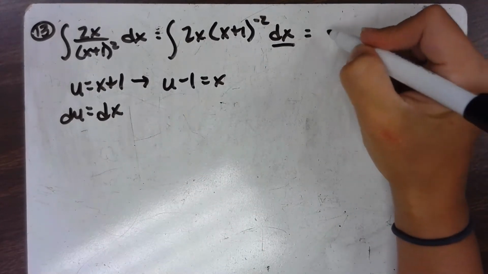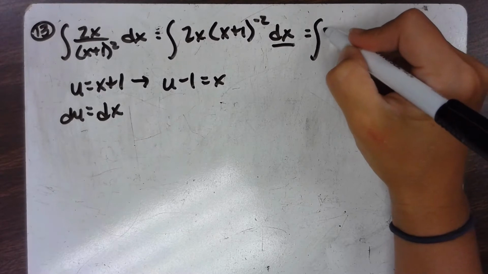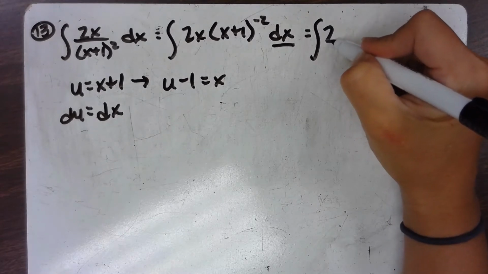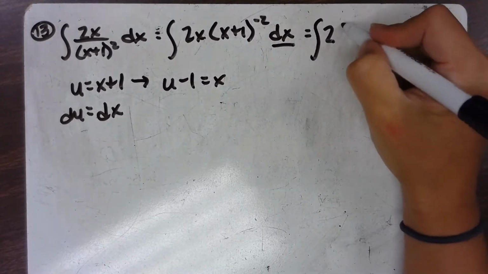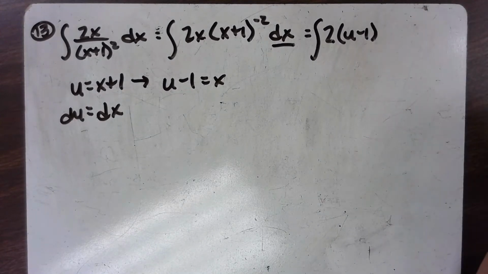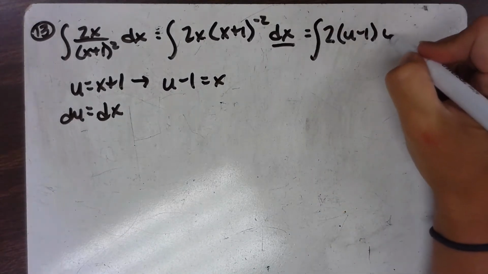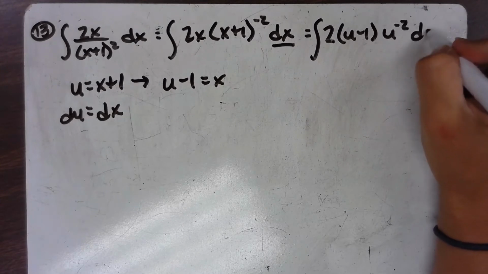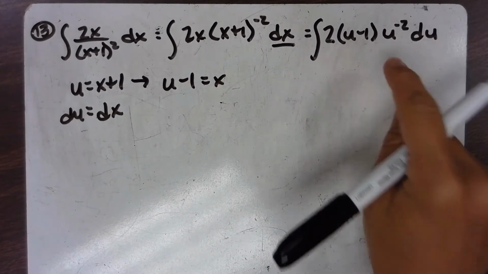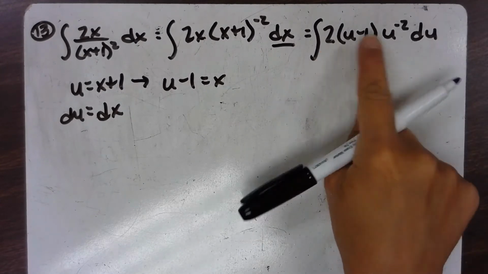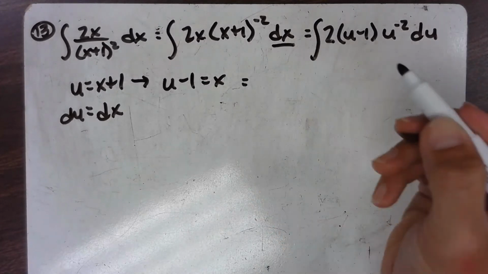All right, so what I can do is I still have the 2. Change that x right there to be u minus 1. And now this is going to be u to the negative 2. Well, remember what we can do? We can distribute. You can distribute the 2 in there as well, and I think I'm going to do that.